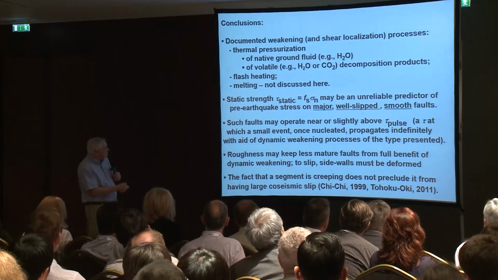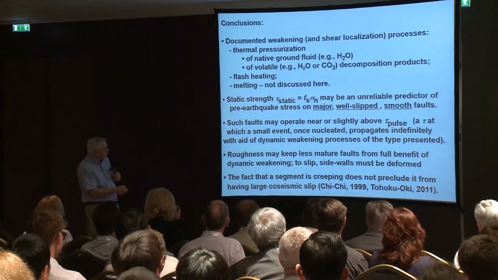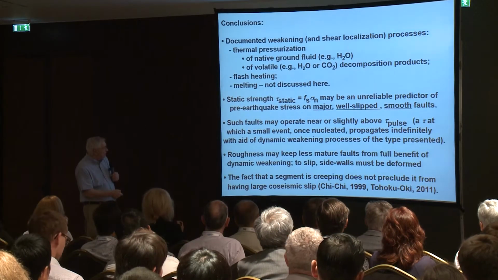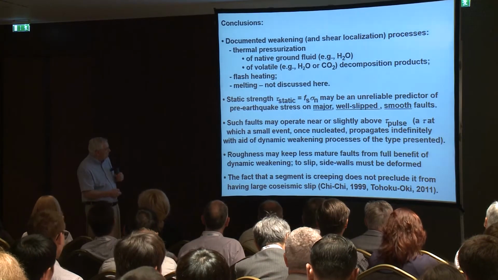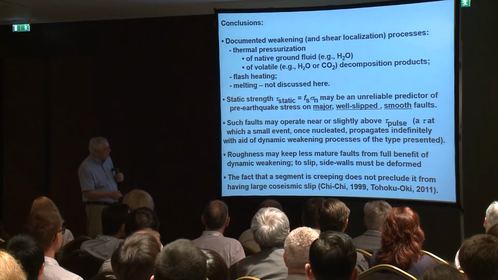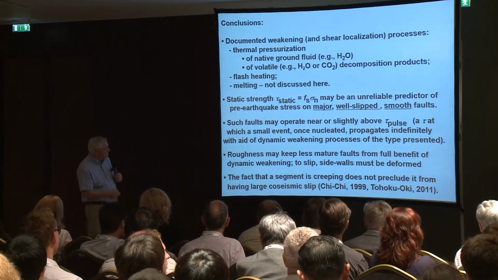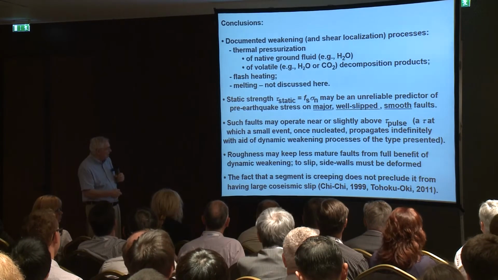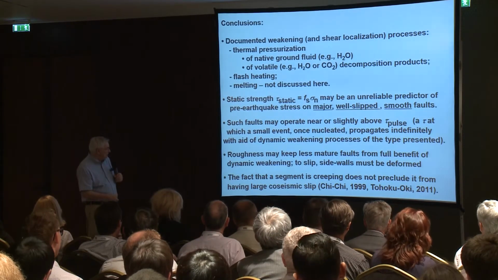It makes it clear that the static strength of faults is an unreliable predictor of pre-earthquake stresses on major well-slipped faults. And we now think, and this is another chapter that I don't have time to explain, that faults might be living near or slightly close to a level that we call tau pulse, a stress at which a small event, once nucleated, will propagate indefinitely without the aid of any weakening process of the type that had been presented.